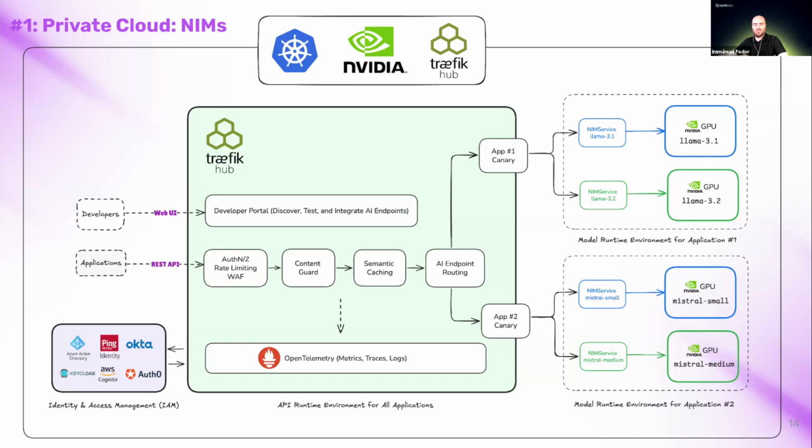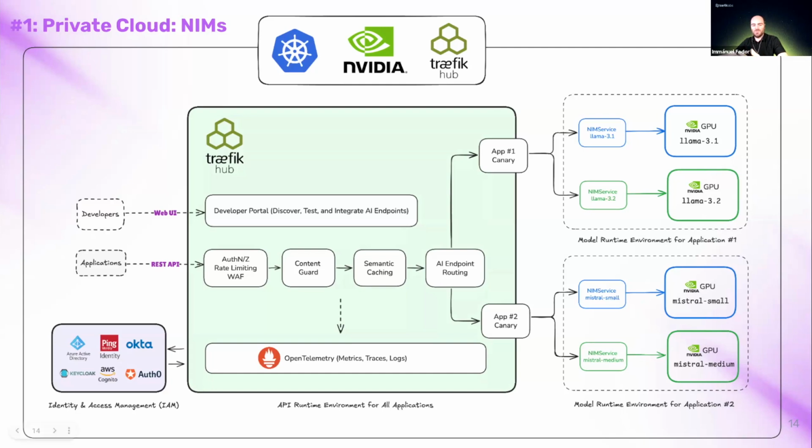And this is where Traefik Hub as the AI gateway, API gateway, and API management solution can tap in, in the API runtime environment. And here we can see that there is something on the bottom, OpenTelemetry, which is providing you full stack observability through metrics, traces, and logs, and allows you to see what is going on if you have a distributed architecture throughout your services and so on.